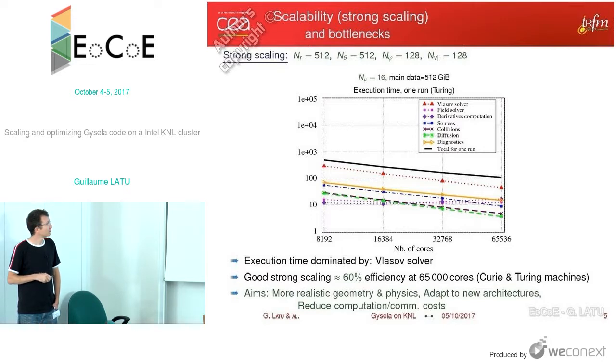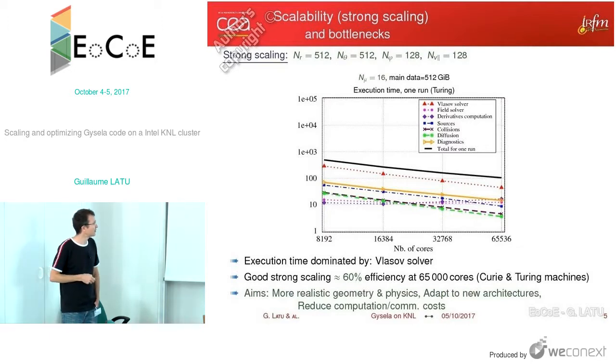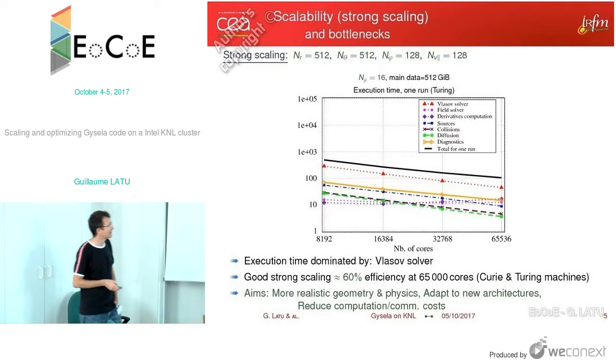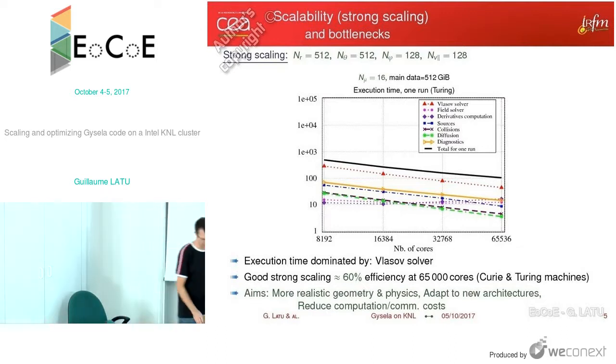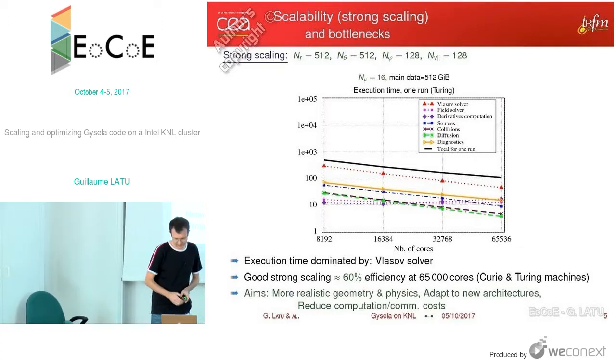We have a good strong scaling with 60% of relative efficiency at this number of cores on several machines. With this code, we want to perform physics simulation and improve the physics. We also want to adapt to new architectures, reduce the cost and optimize this code.